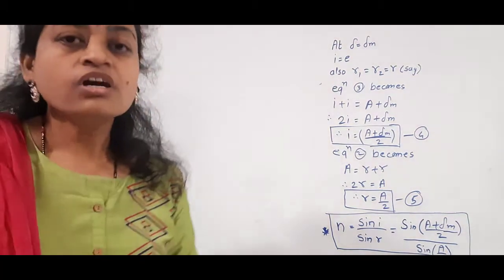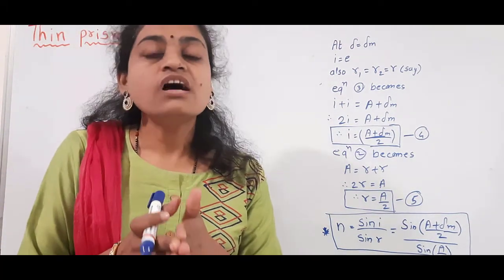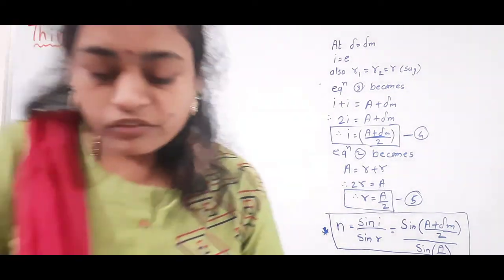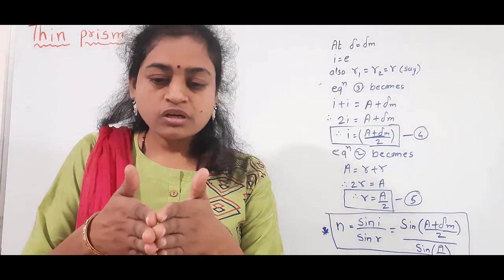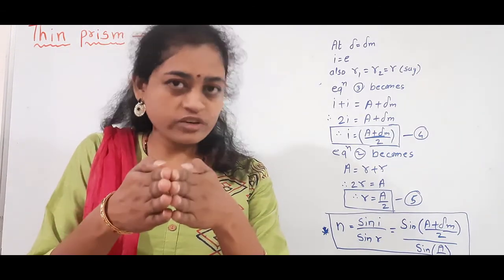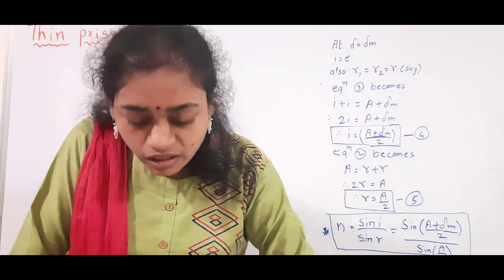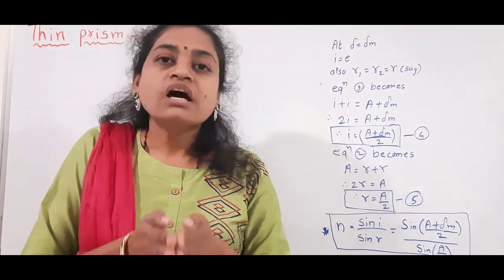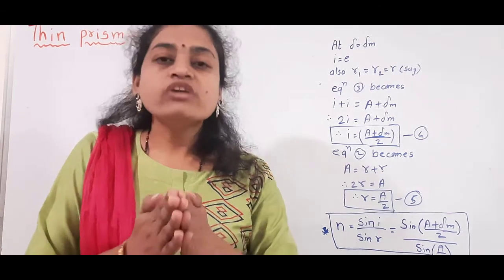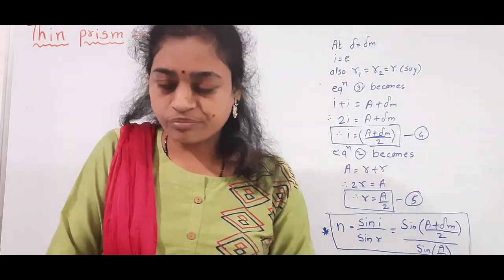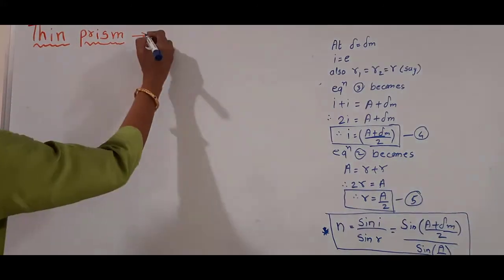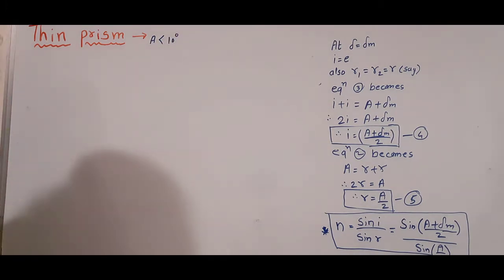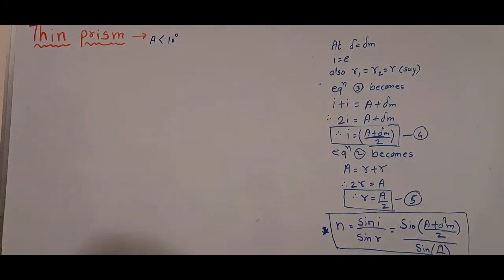A prism having a very small refracting angle is called a thin prism. Suppose these are the two refracting surfaces of the prism, and if the angle between the two surfaces is less than 10 degrees, then we can say that the prism is a thin prism. Means the angle should be less than 10 degrees. Then that prism will be called a thin prism.